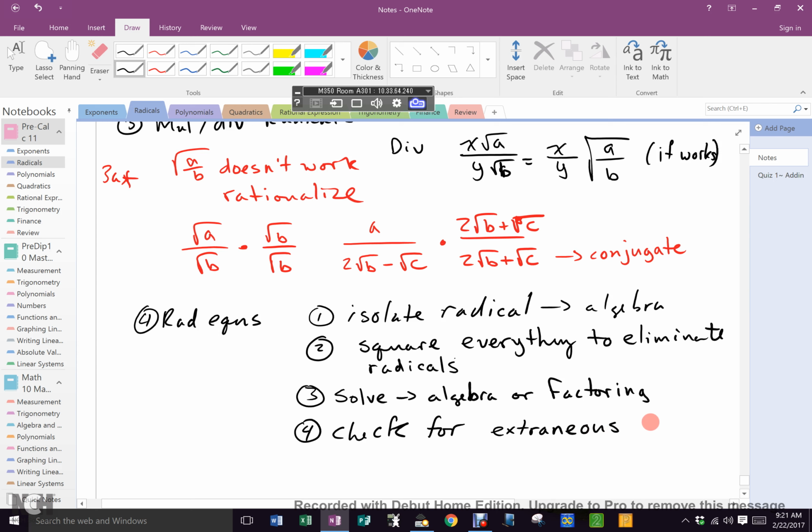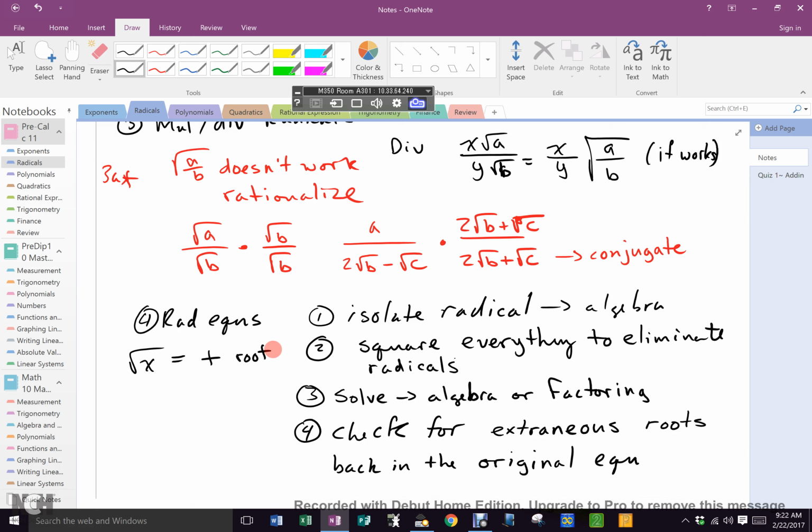Oh, thank you. Check for extraneous roots. Where do you check? Back in the original equation. And remember that in radical equations the root means what? The positive root only. Okay?